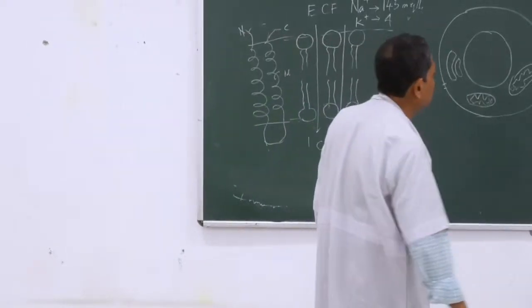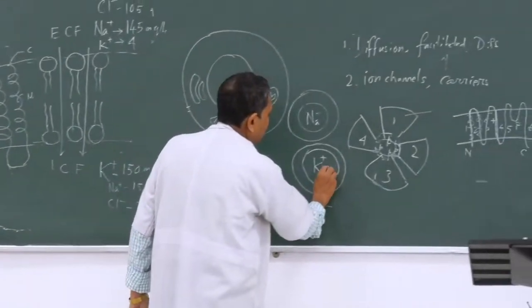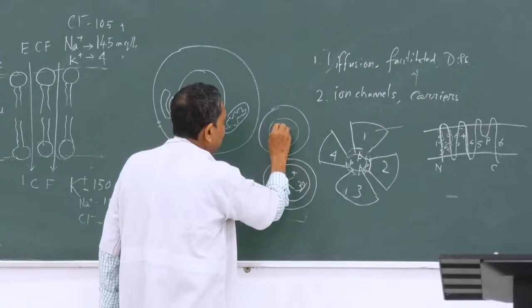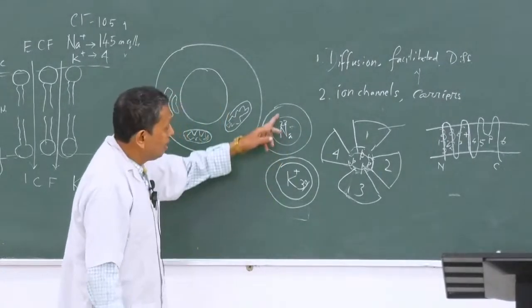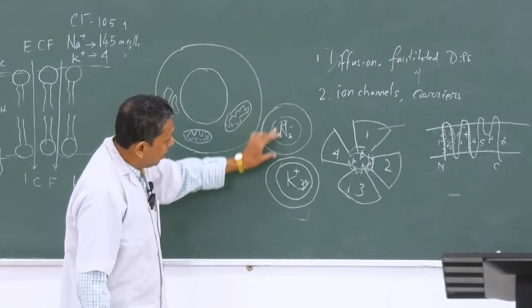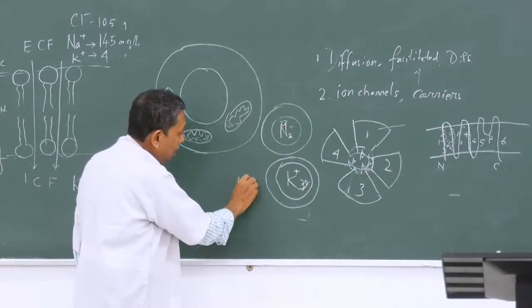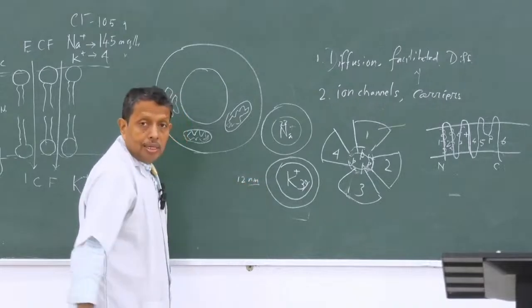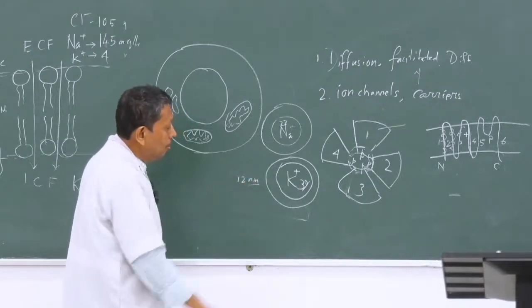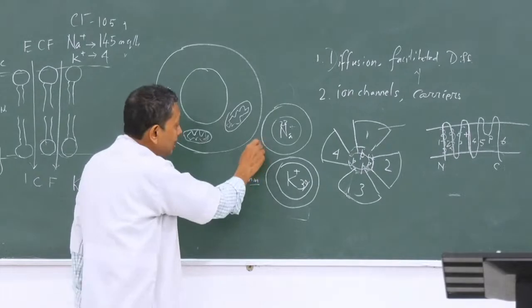Suppose potassium ion has atomic weight 39 and sodium 23, but the hydrated part is thicker in the case of sodium. Its dimension is 12 nanometer, like water, while the other is 18 nanometer.